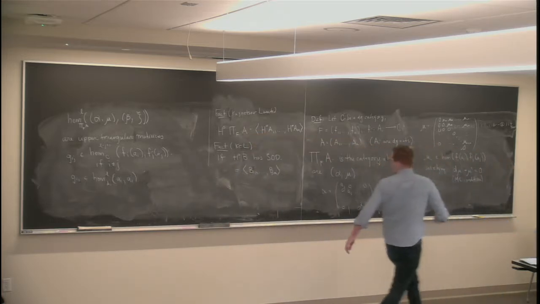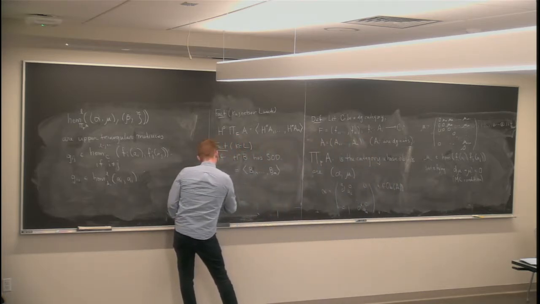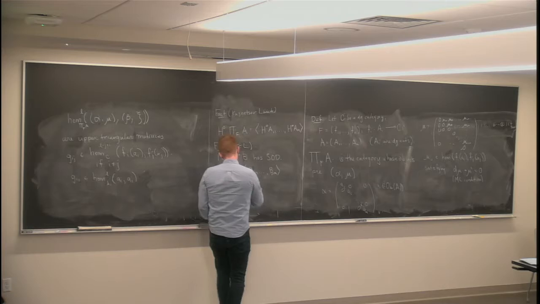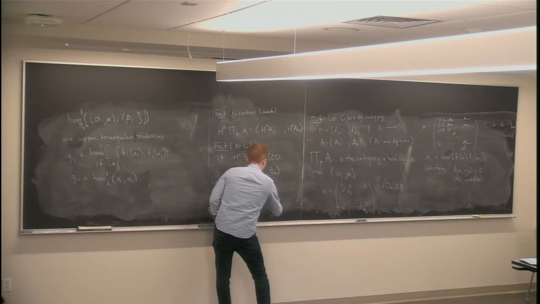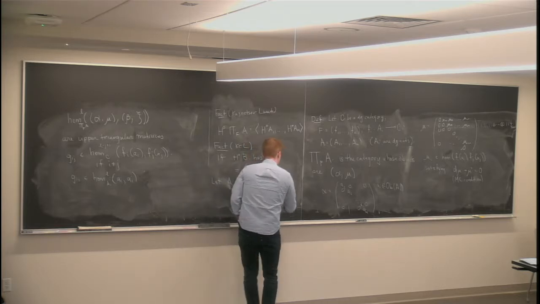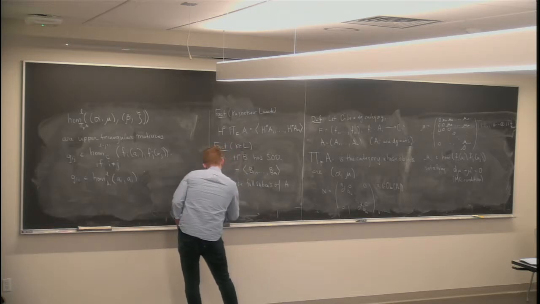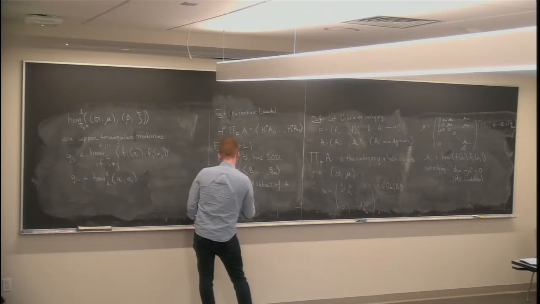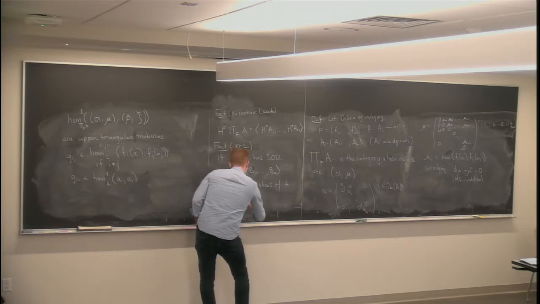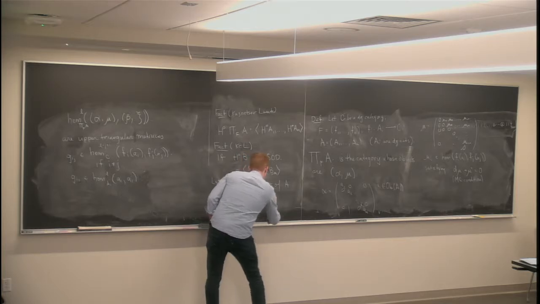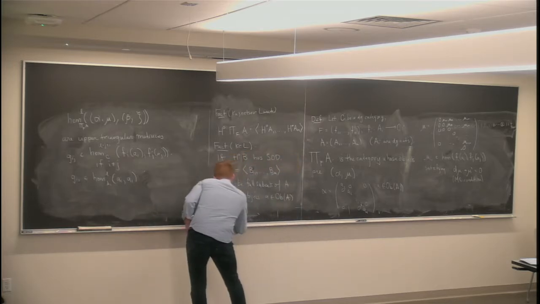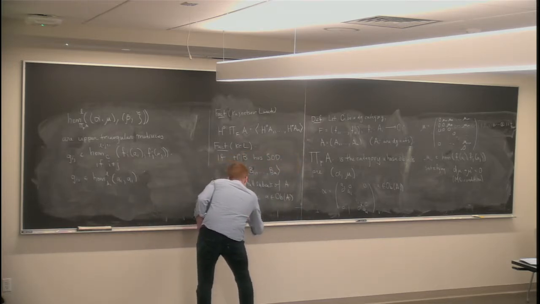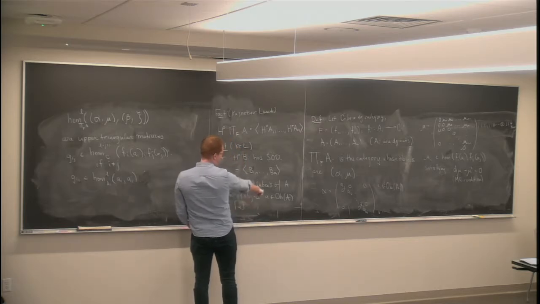So if this is true, then let AI be the full subcategories of A, made up of objects A such that the class of A, so this means I'm going to take the class of A in the homotopy category.